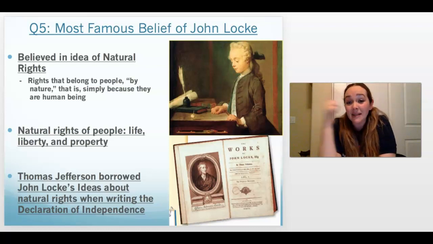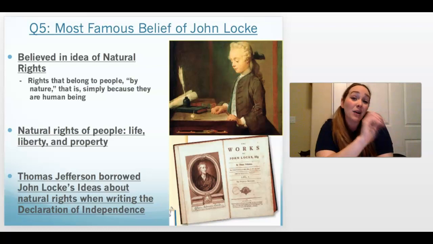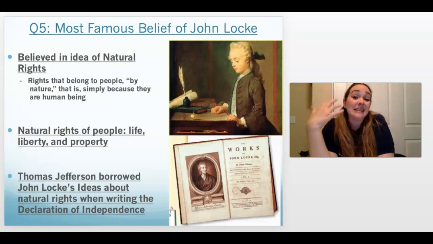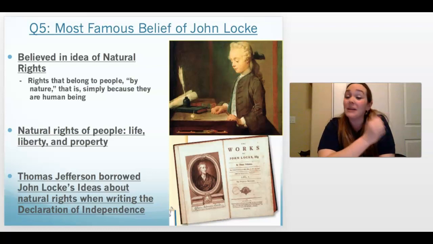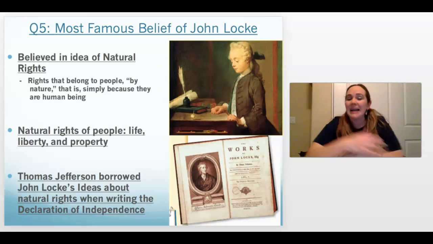If natural rights doesn't ring a bell, this probably will. The right to life, liberty, and property. It was on that graphic, remember? That idea comes out of the Enlightenment. So I already spent quite a while talking about life, liberty, and property because it was on the graphic a couple slides ago. That was John Locke's idea. Okay, by nature, that's why he called them natural rights.